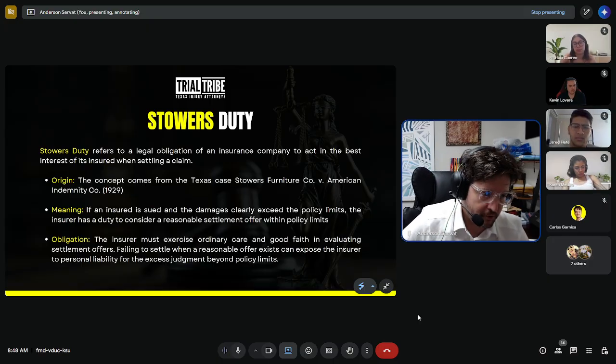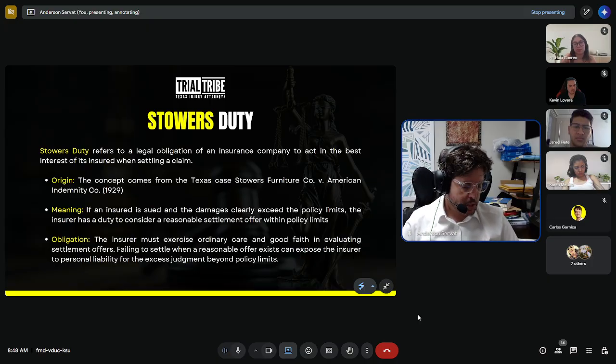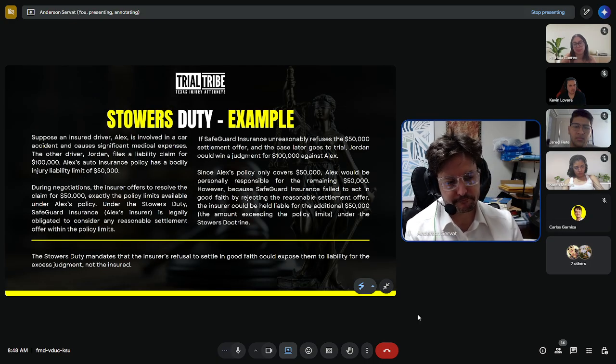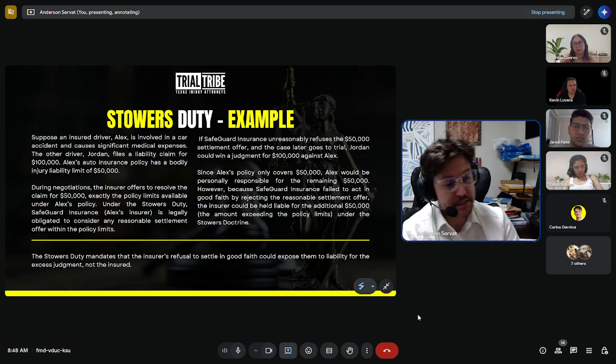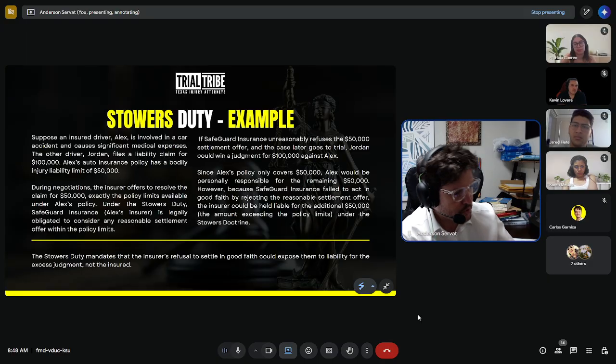Of course the attorney for the girl never accepted that, and they went to trial and she was awarded the full amount of $14,000 plus interest. And Stowers filed a lawsuit against his own insurance, because his insurance has the obligation to pay the limits, and they breached this duty.